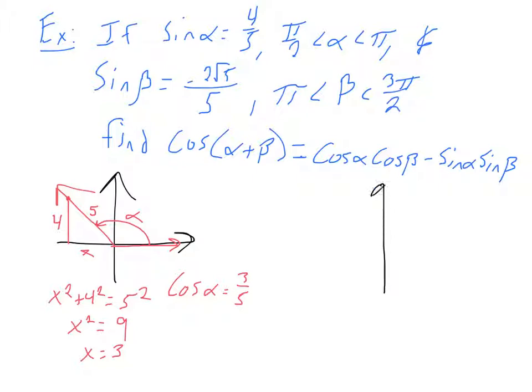So for beta, I will do the same thing. We were told that beta is in the third quadrant between pi and 3 pi over 2, so beta is somewhere down there. Right? And so we're told that sine beta is equal to negative 2 square root of 5 over 5. So once again, we'll assume that the radius is 5 of the circle, right?